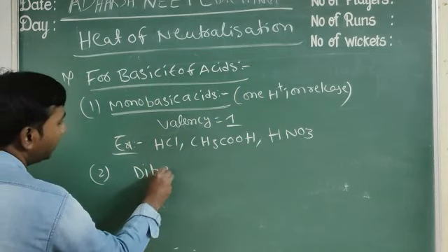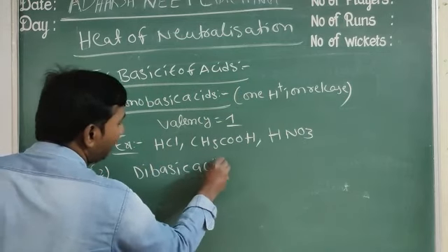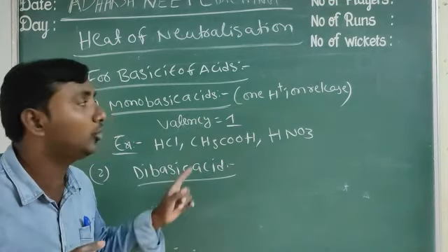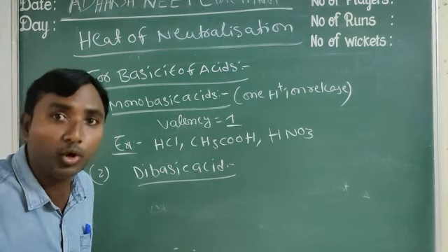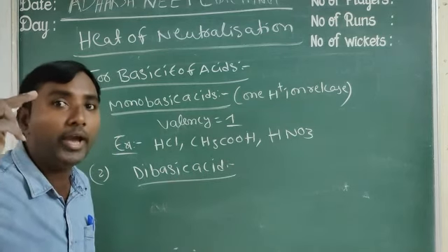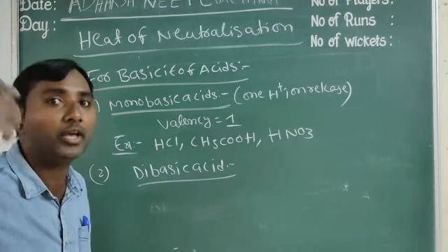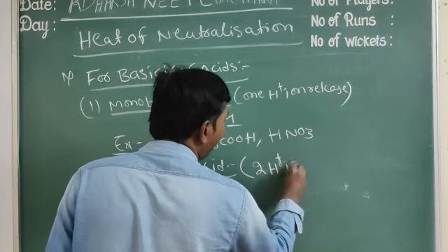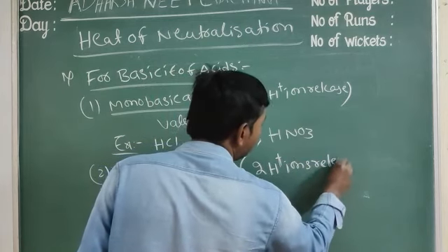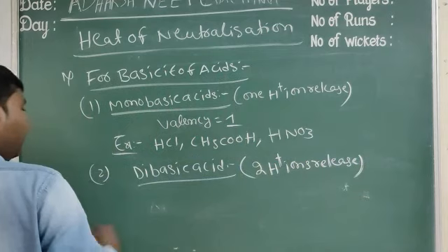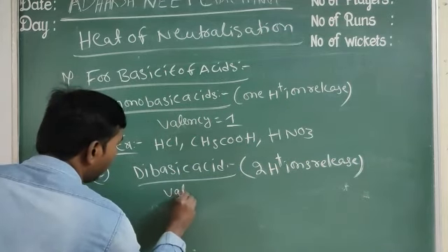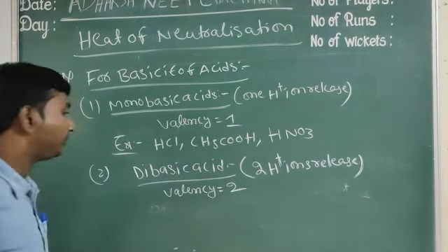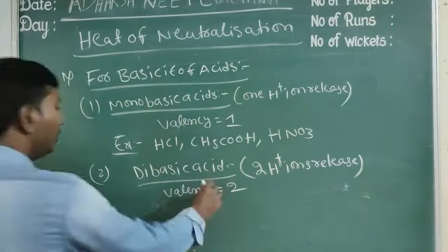Okay, next, dibasic acids. Dibasic acids means it can release two protons. That means two H plus ions are produced. Here, for dibasic acids, valency equal to 2.